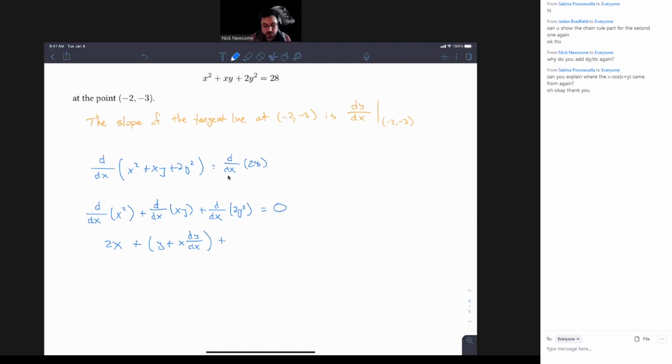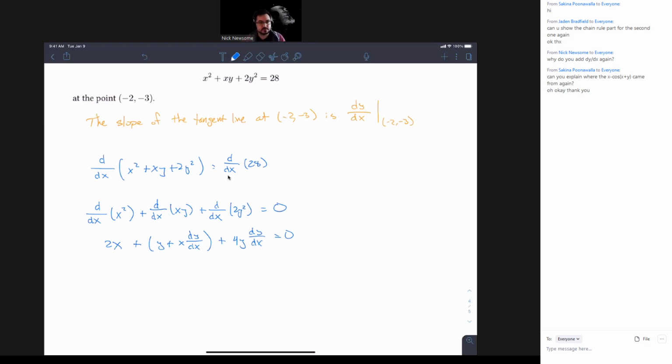And then derivative of 2y squared with respect to x has a chain rule. There's a power rule that happens first, and we get 4 times y, but we took a derivative of y, so we need to indicate that by multiplying by dy dx. Whenever you take the derivative of y, the dy dx shows up. We don't need to tell anybody that we're taking the derivative of x because everybody's assuming that anyway.